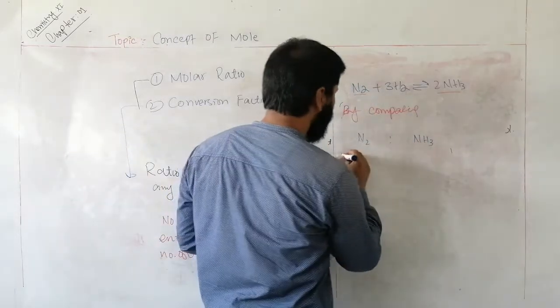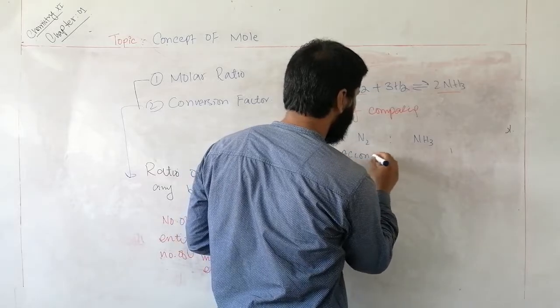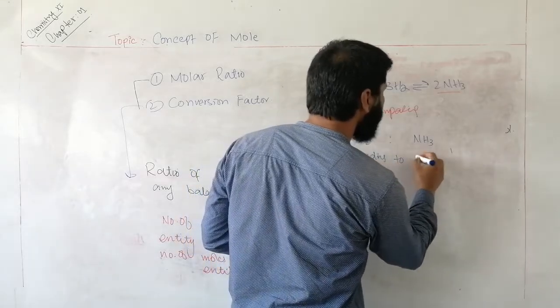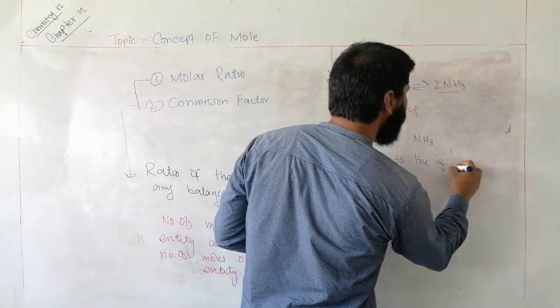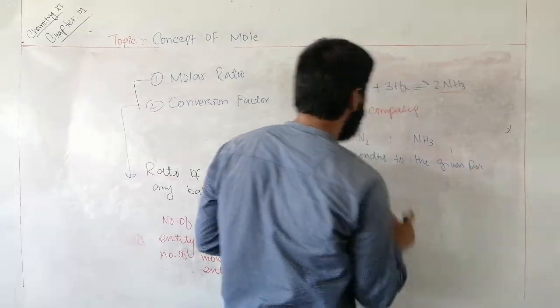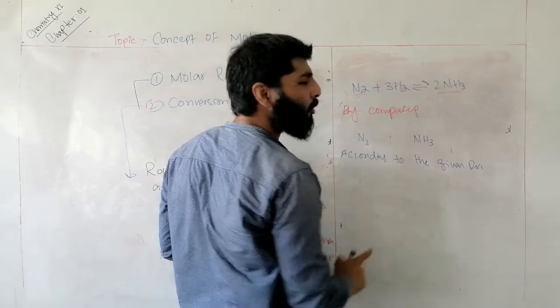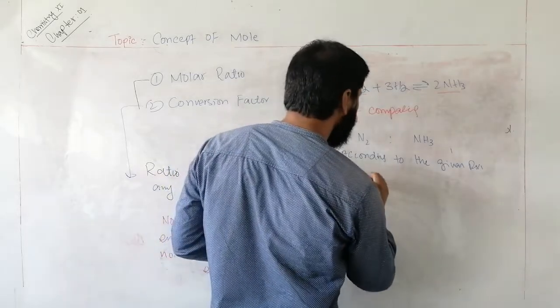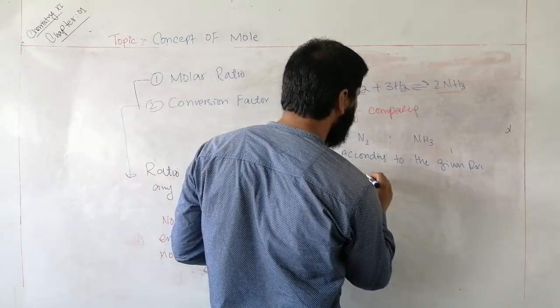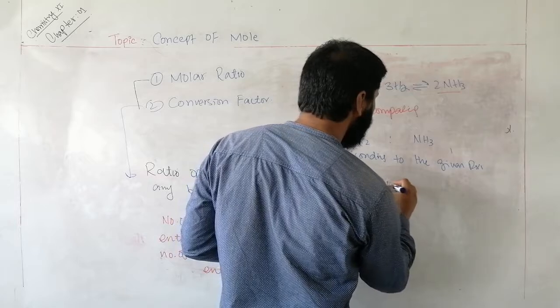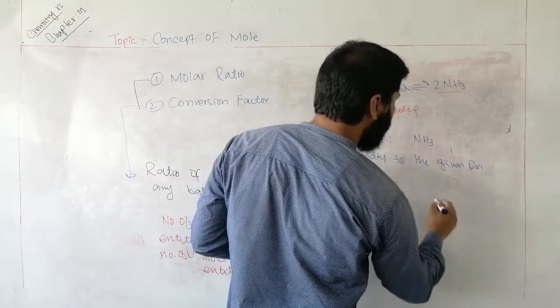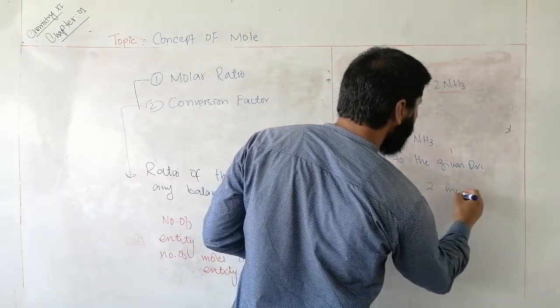According to the given reaction, there are 1 mole of nitrogen for the formation of 2 moles of ammonia. So the number of moles of nitrogen is 1 mole. For ammonia it will be 2 moles.